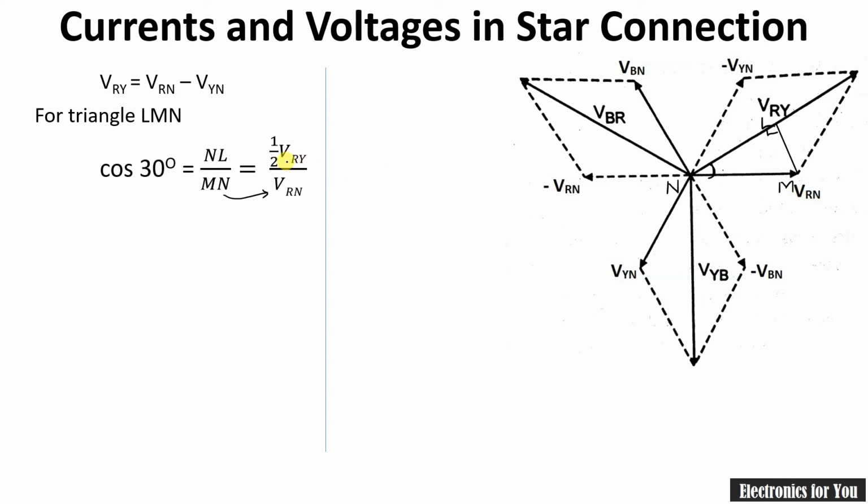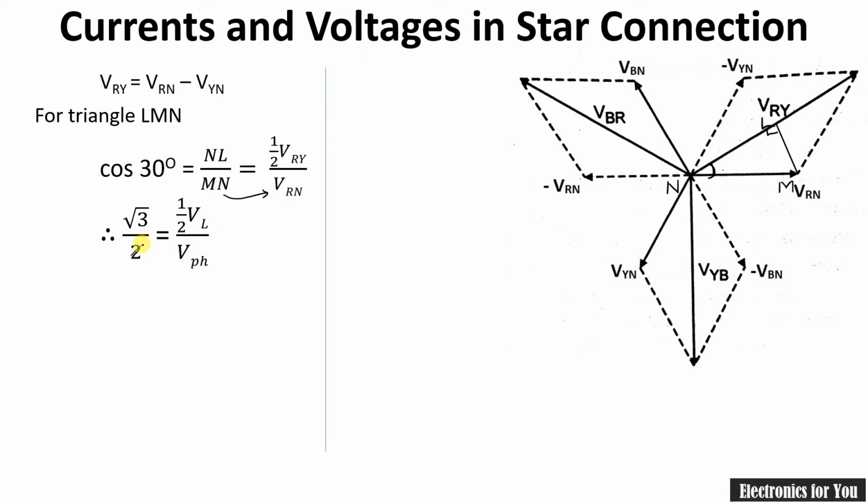Now we have this value as well as this value, and cos 30 is equal to root 3 by 2. Therefore, putting the values here, root 3 by 2 equals half of VRY divided by VRN. VRY is nothing but the line voltage, so I replaced it here with VL, and VRN is the phase voltage, therefore it is replaced by VPH.